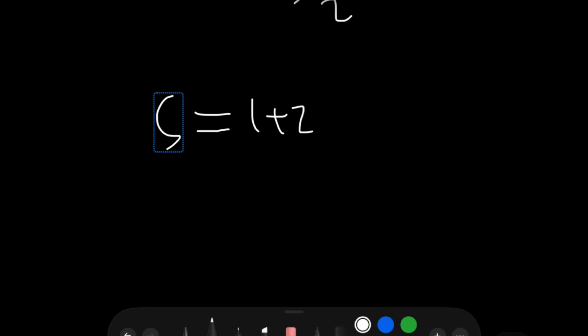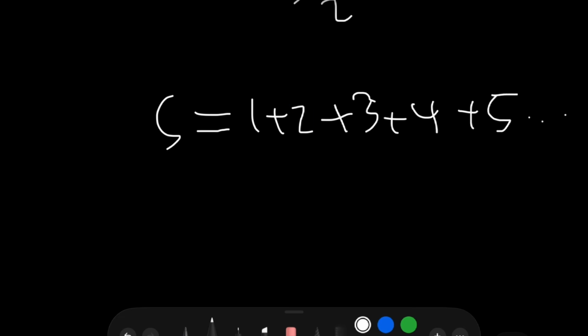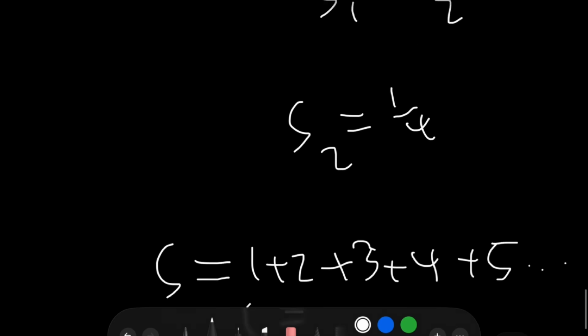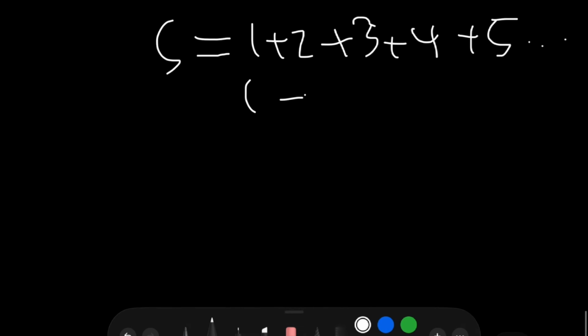S equals 1 plus 2 plus 3 plus 4 plus 5, and it goes on and on and on. Let's subtract S2. So 1 minus 2 plus 3.